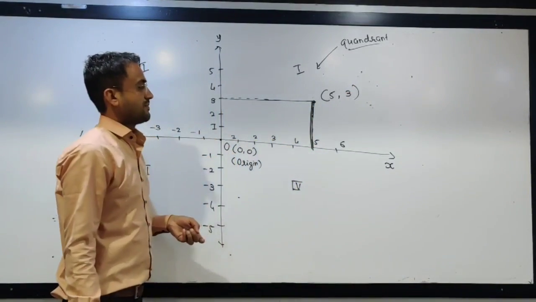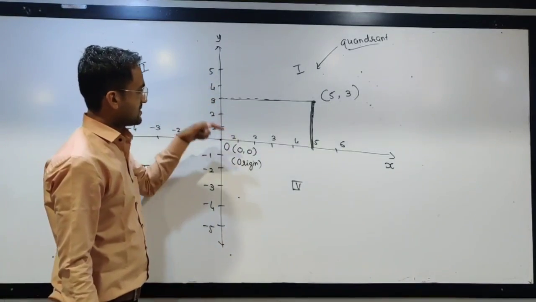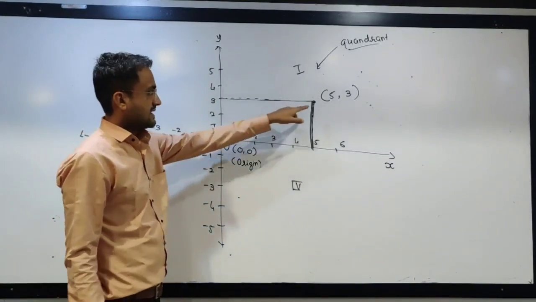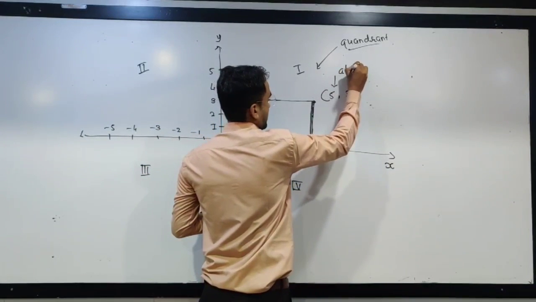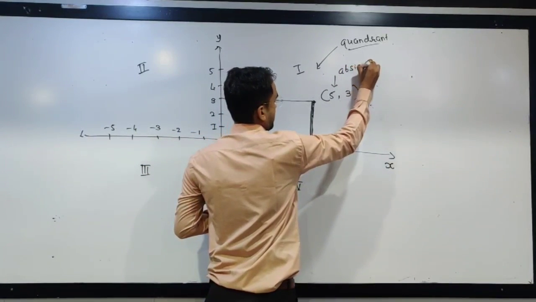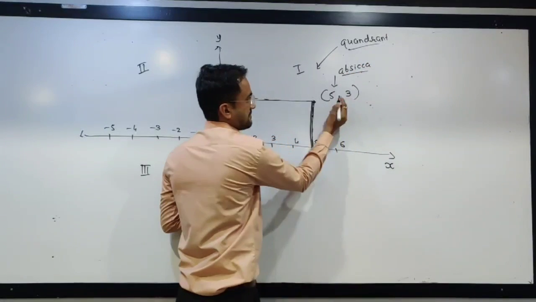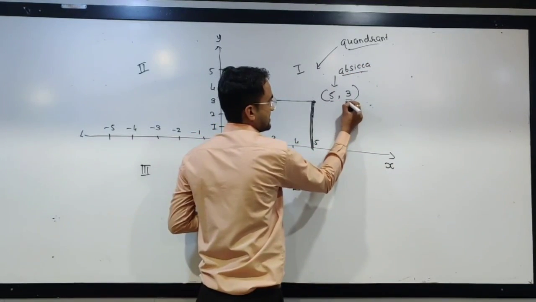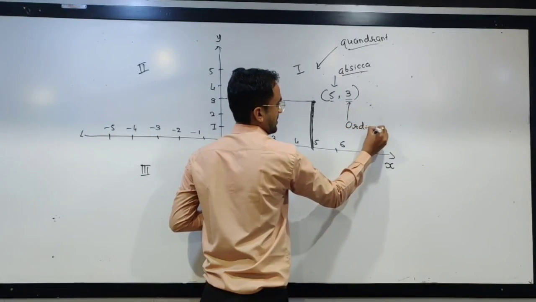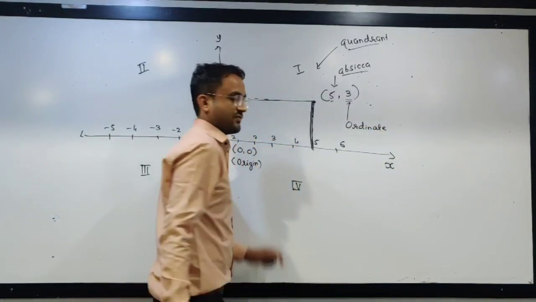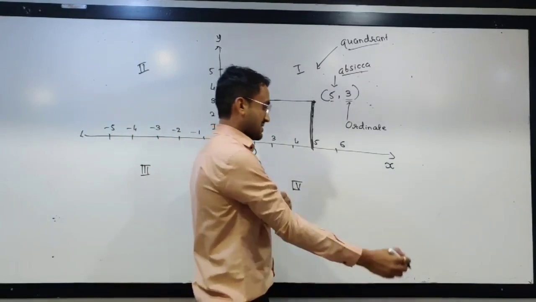The distance of a point from the y-axis is called your abscissa, and this is called the ordinate.